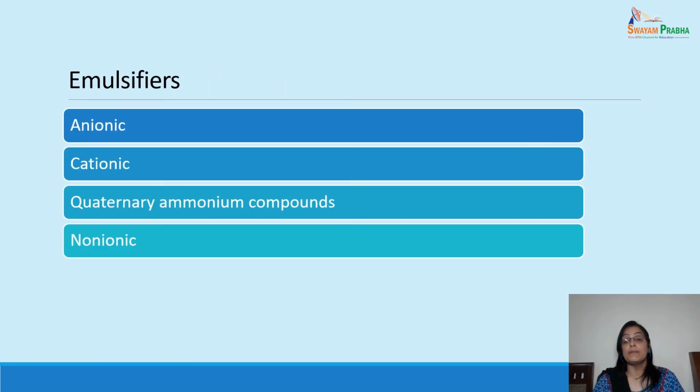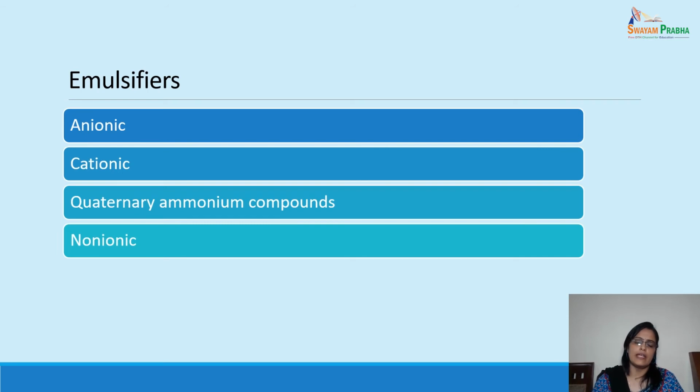Now moving to emulsifiers. If we take the example of creams in semi-solid preparations, creams are basically emulsions only. Emulsifiers reduce the interfacial tension between two liquids and help in the formulation of cream.